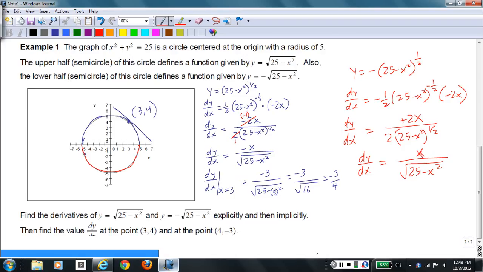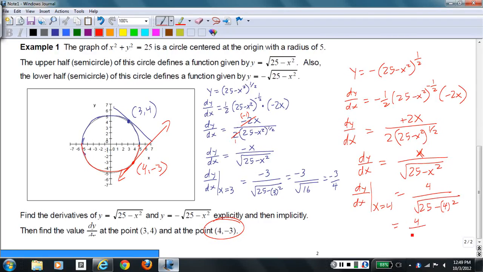So if I wanted to find the slope of the tangent line at the point (4, negative 3), that's on the bottom semicircle, right there, what I would need to do is use this other expression. I would say dy/dx at x equals 4 is equal to 4 over the square root of 25 minus 4 squared.